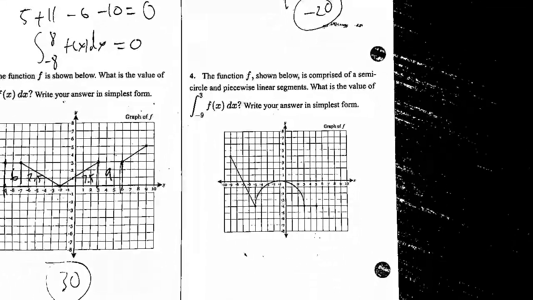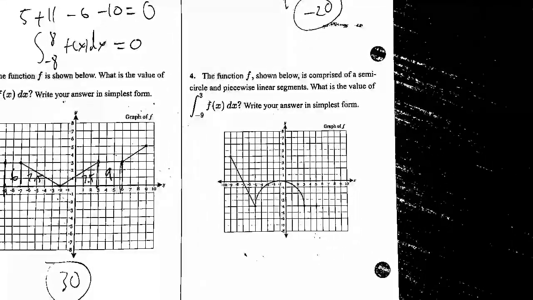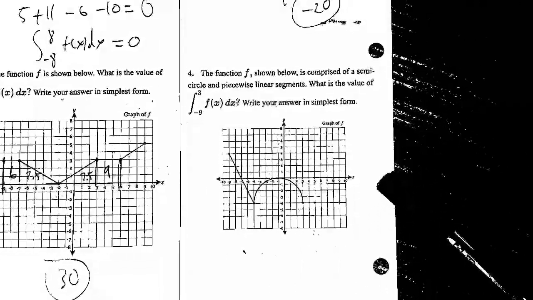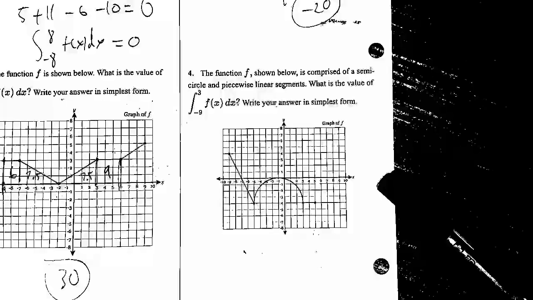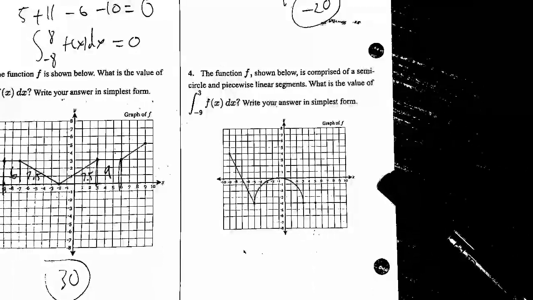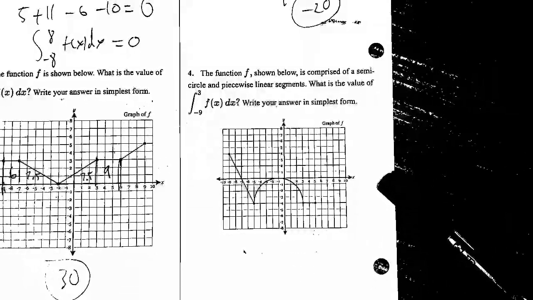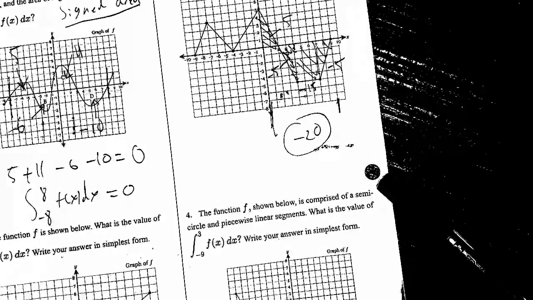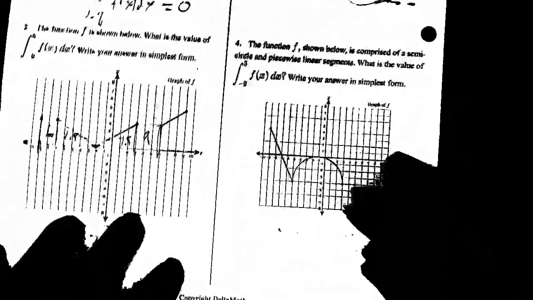Okay. Do you want to do number 4? Yeah. All right, come up. Okay, so we have to find the area of the half circle. So we want the area here.